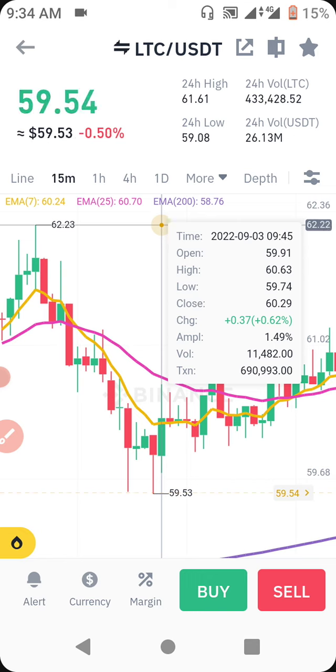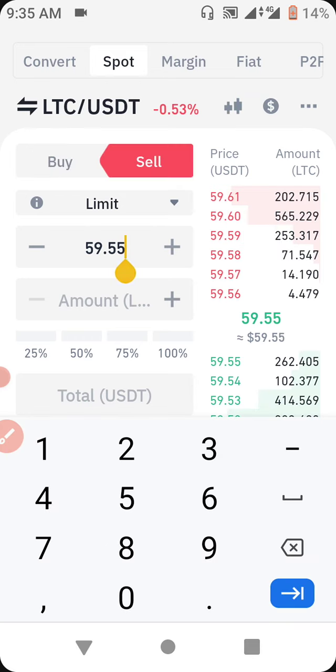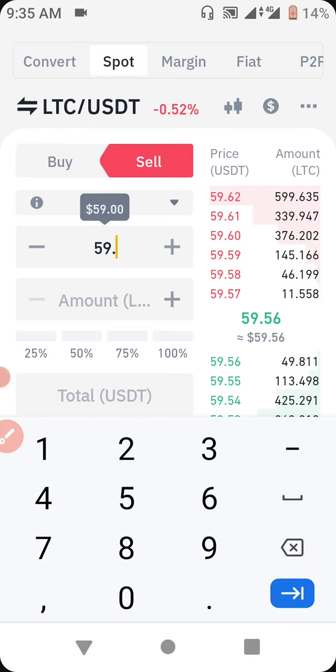But we will not sell at the top. We will sell at the highest candle before the top. That's 62.06. Now let's click here, sell 62.06.